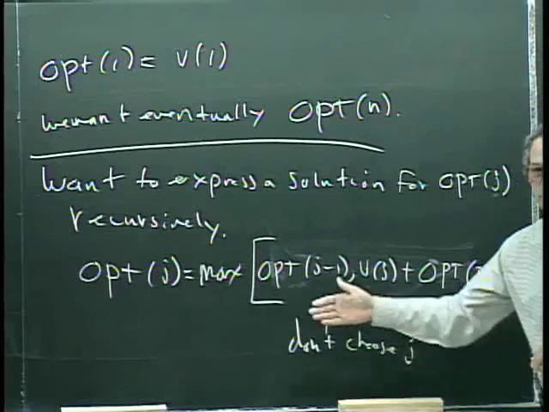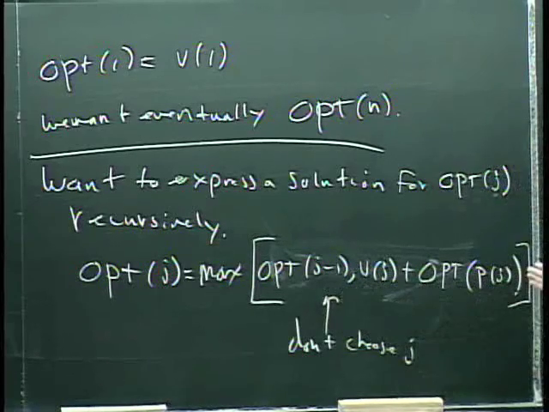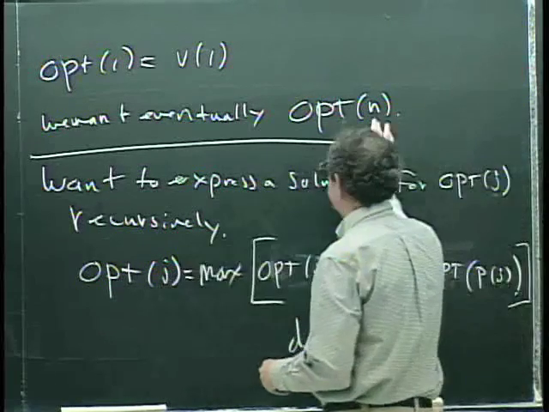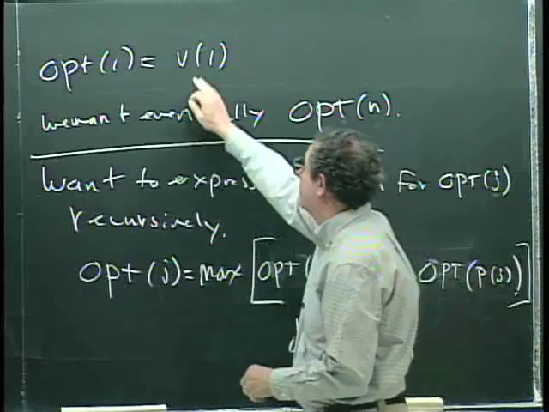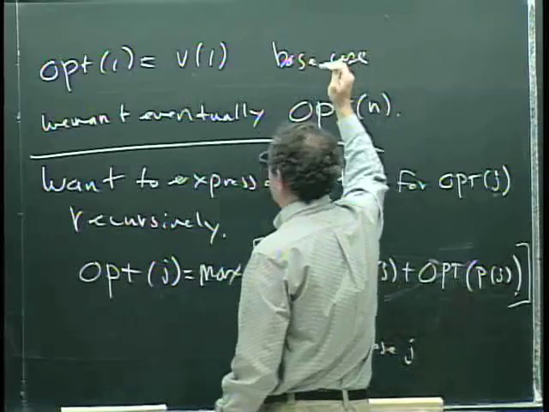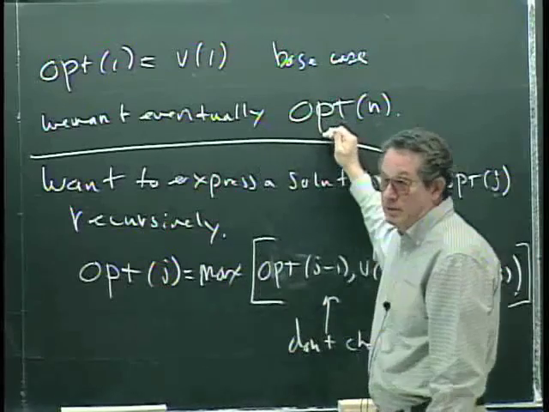Okay, so now we have this recursive expression for what opt of j is, and we know what we want is opt of n. All right. Oh, we should also maybe, well, we actually did. We already have the base case. So we've got a base case. We have a general recurrence relation. We know where we're going to eventually.